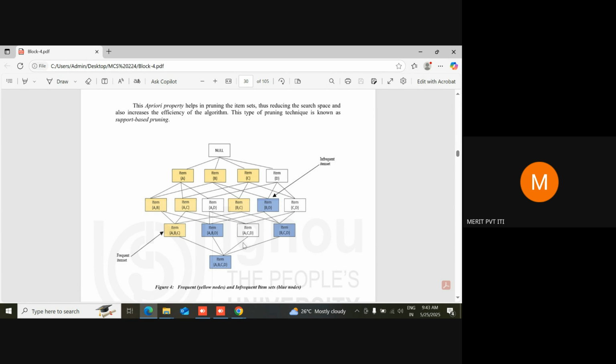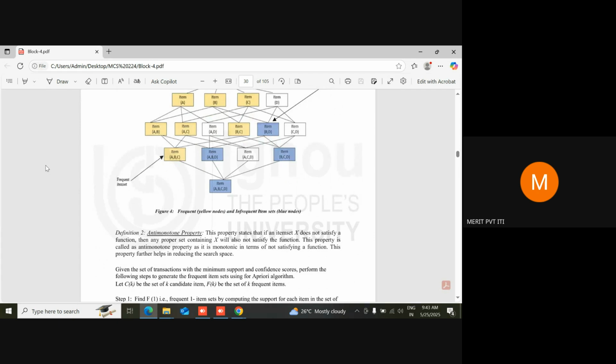Similarly, ACD: because A and C are frequent, it is not infrequent, but in between. The rest, BC, BD, BCD, ABD, and the larger item sets are infrequent items. So that type of thing.